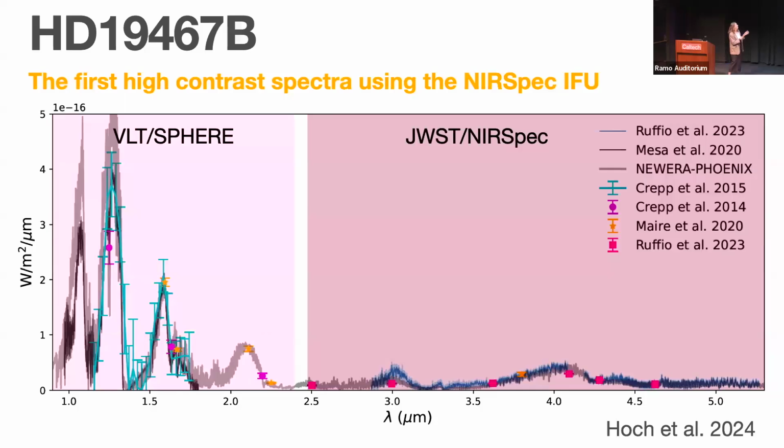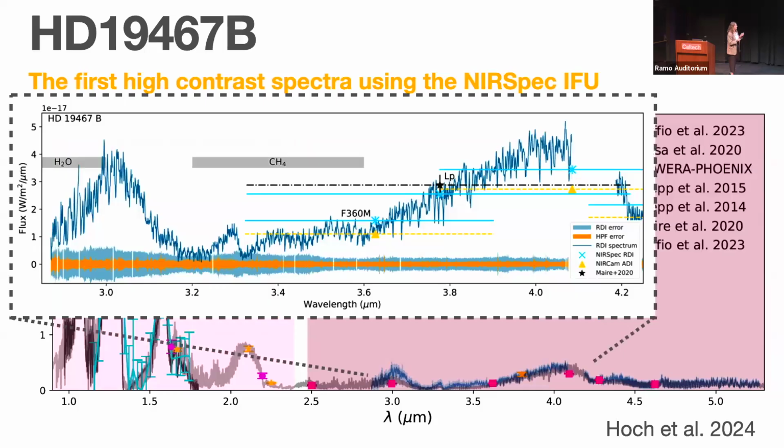So we have some ground-based, low-resolution data with SPHERE on the VLT, and we start to probe out to that 2.5, 3 micron onwards range that NIRSpec is really powerful at looking at. If you zoom in here, we can really start to see what's going on with these observations.